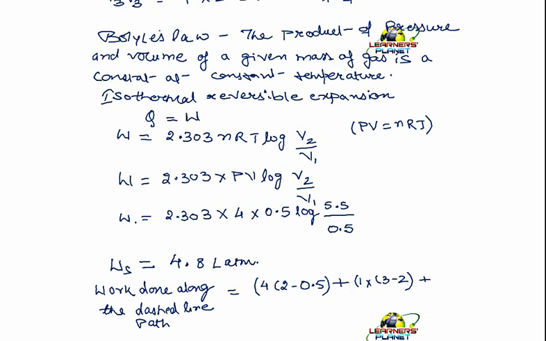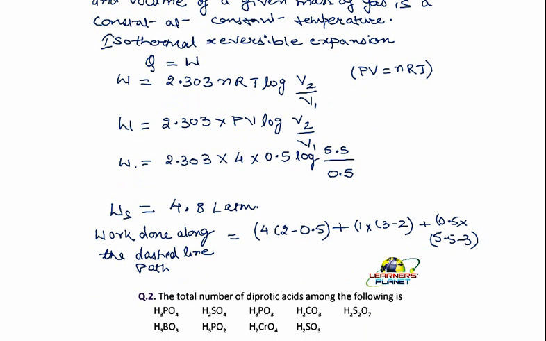So it would be 0.5 multiplied by 5.5 minus 3. Right? Just solve this and you will get WD as 8.25.